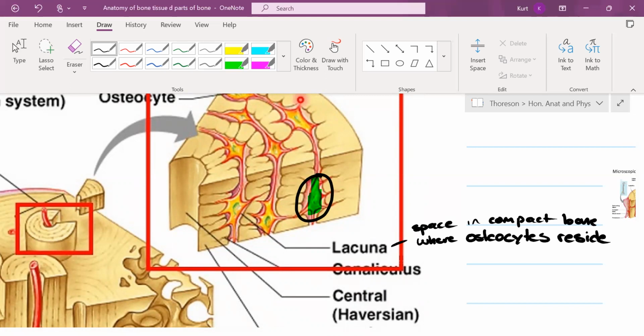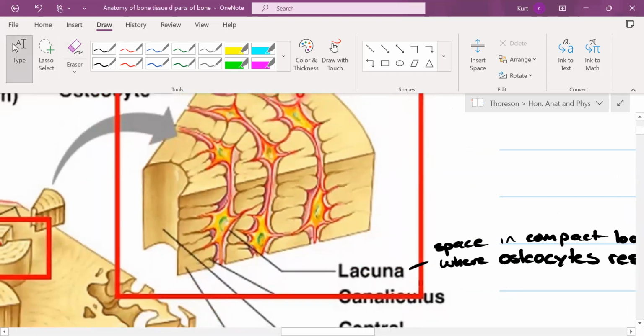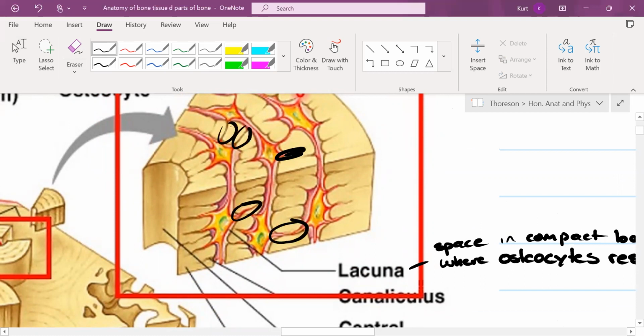Okay, and then finally, the last term. The last one is going to be this. Again, this is as far as I can zoom in. Check this out. We have this right here, these two. We have this big one, these and these. Osteocytes kind of look like a bug, like a spider or something. And they have those little projections. Here's a good one. Here, here, and here.